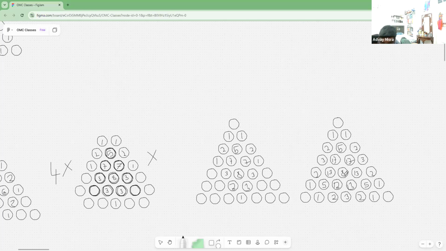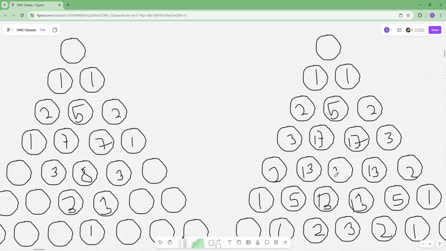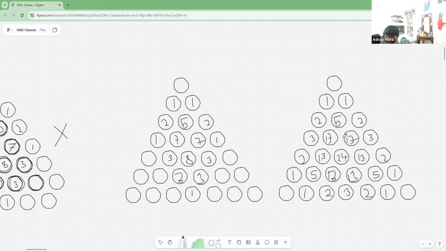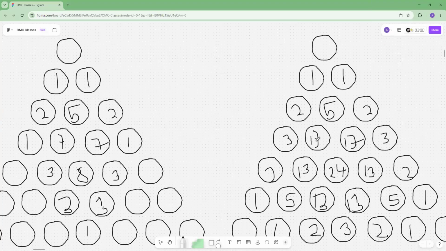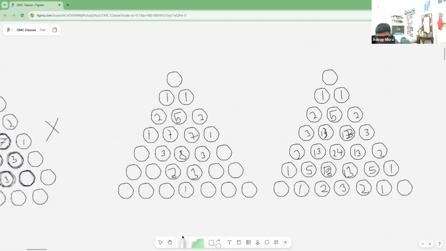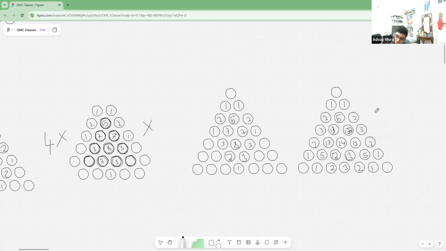Oh, wait, unfortunately, no, because this 7, 8... 17 is not Fibonacci. But there is no 17. Oh, these are 13. Okay, I thought it was a 17. Unfortunately, 24 isn't quite Fibonacci either. So maybe that was just a fluke.